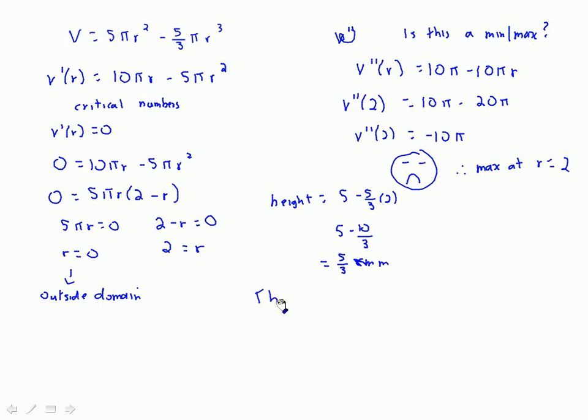So the radius should be 2 meters and the height 5 over 3 meters. Kind of an unusual way to write a decimal figure, but just going by the rules, it's an exact value.